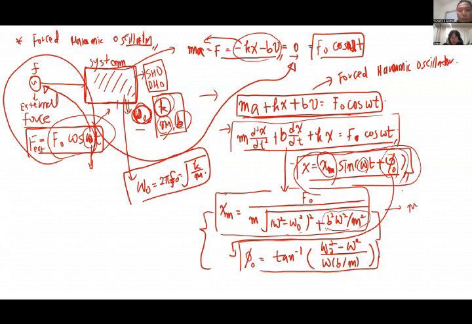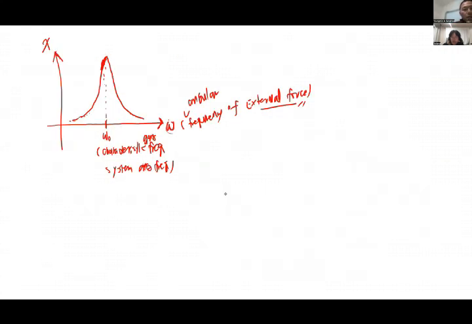Okay, so now I plot this equation, the amplitude x with respect to omega. So this is x m. The amplitude is maximized when omega is the same as omega naught. That is called resonance.